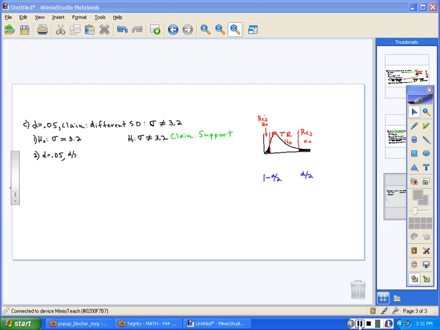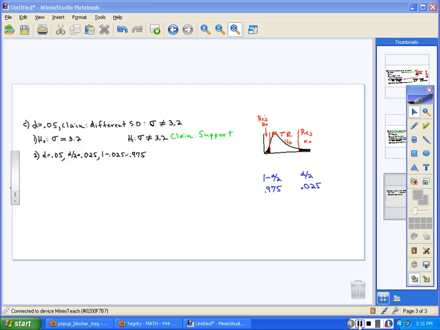We do have to divide it by 2 and get 0.025, and then we need 1 minus 0.025, which is 0.975. So I'm going to write down, for the right side, we're going to use 0.025, and for the left side, we're going to be using 0.975.